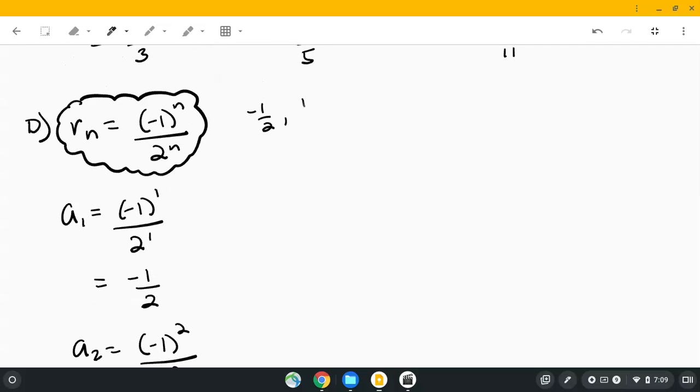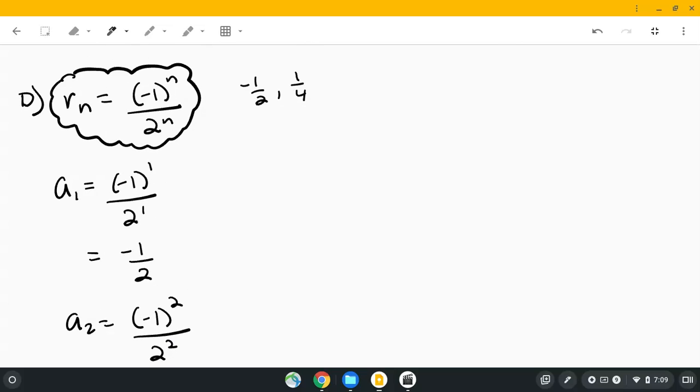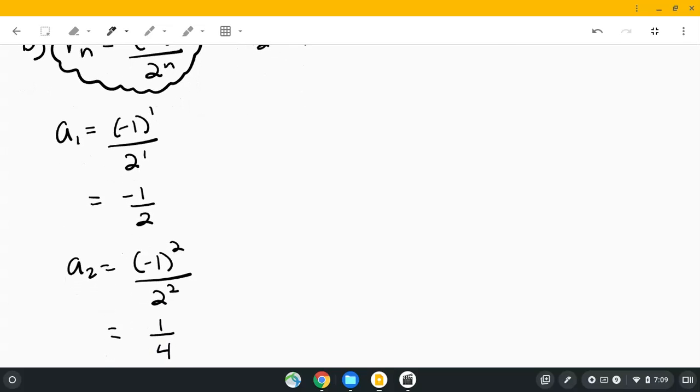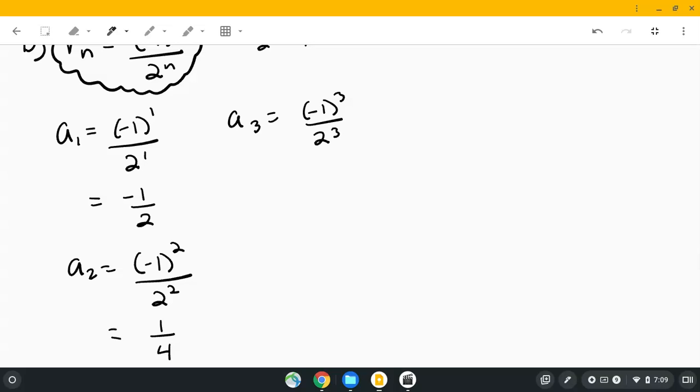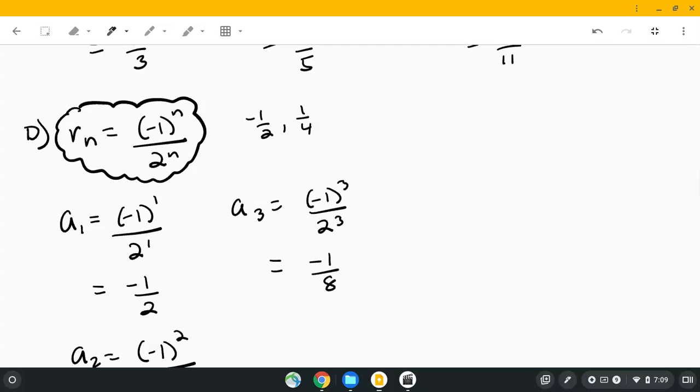So we get 1/4. And if I do my third term, I get negative 1 to the third power and 2 to the third power. So negative 1 to the third power is negative 1. 2 cubed is 8. So I get negative 1 over 8.